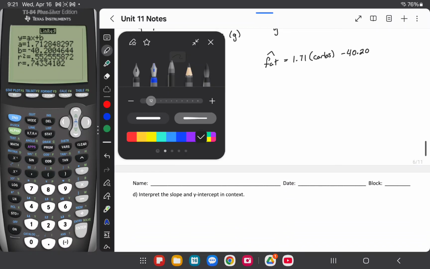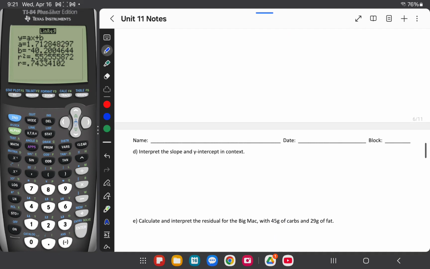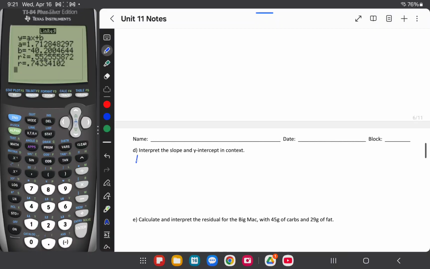First, on the next page, let's interpret the slope of our regression line. So the slope here was 1.71. To write that as a fraction or as a ratio, we would put 1.71 over 1. And so remember, for slope, we have to interpret this in context of both variables.